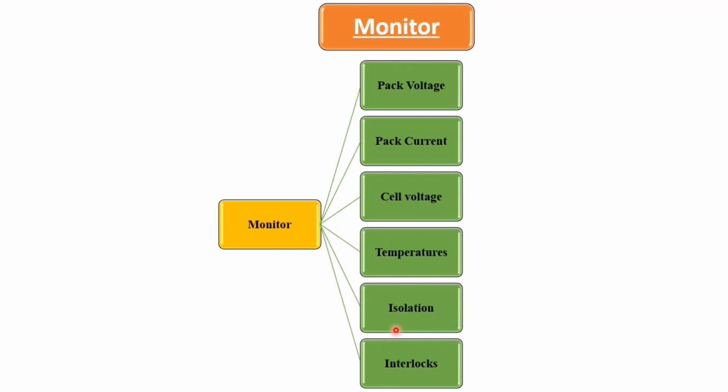That is why we have to precisely measure each and every pack and cell voltage, and look at the delta. In case of any resistance accumulated between the contacts, those contacts have to be replaced. Some extra precautionary action has to be taken, because even if some moisture is there, moisture leads to rust and rust leads to an increase in resistance. That is how we check the pack voltage.